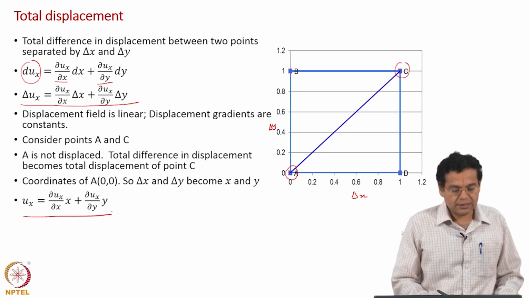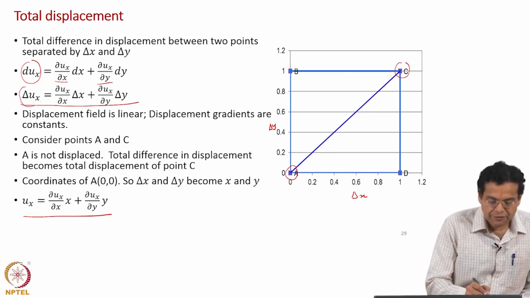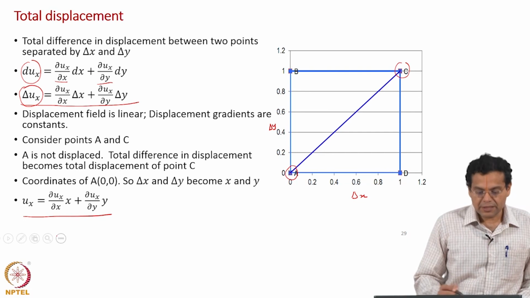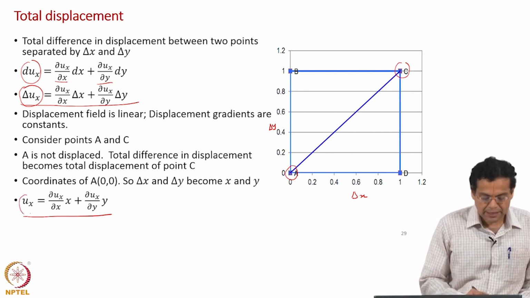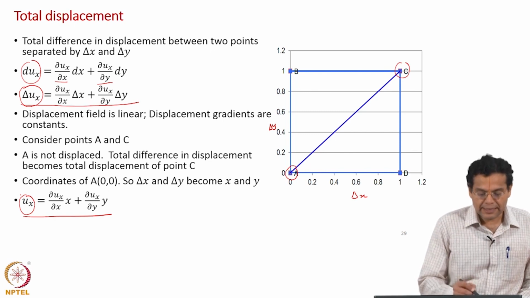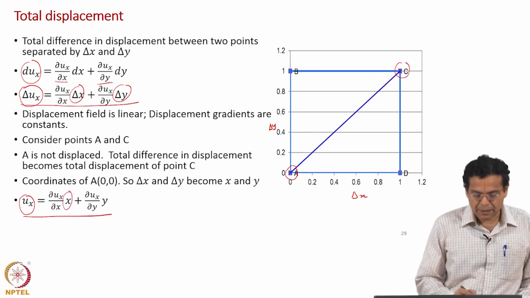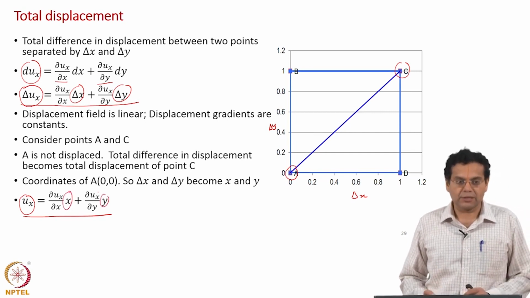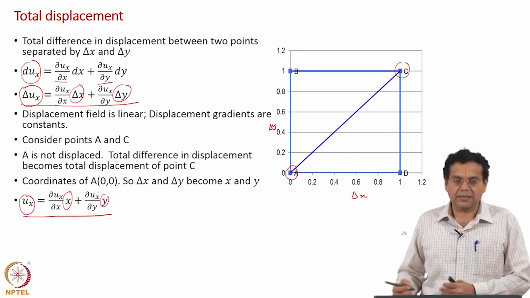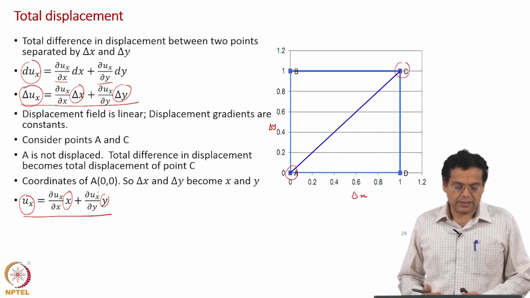Why is it simplified? The left hand side is difference in displacement, which we just said becomes equivalent to just displacement, so I am writing it as ux. On the right hand side we have delta x and delta y, and because the coordinates of A are 0 comma 0, they become just x and then y. This is what we will use further, and similarly later on also.